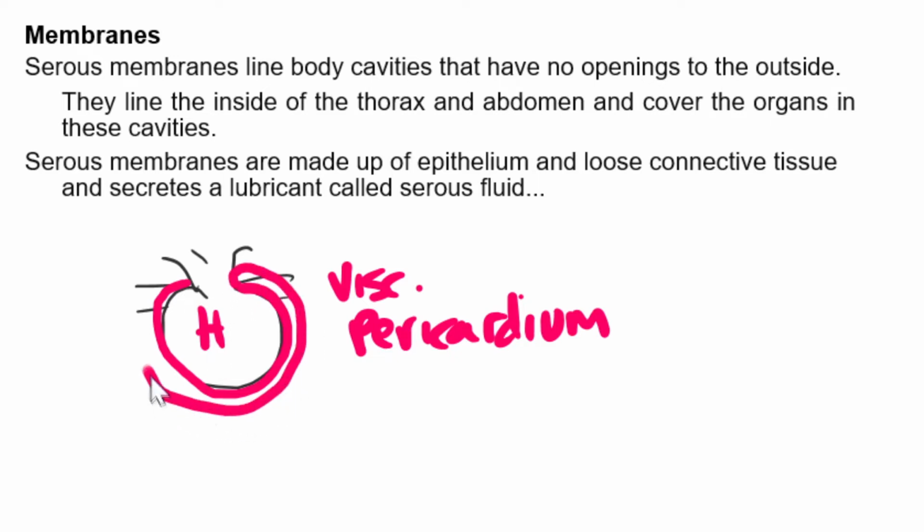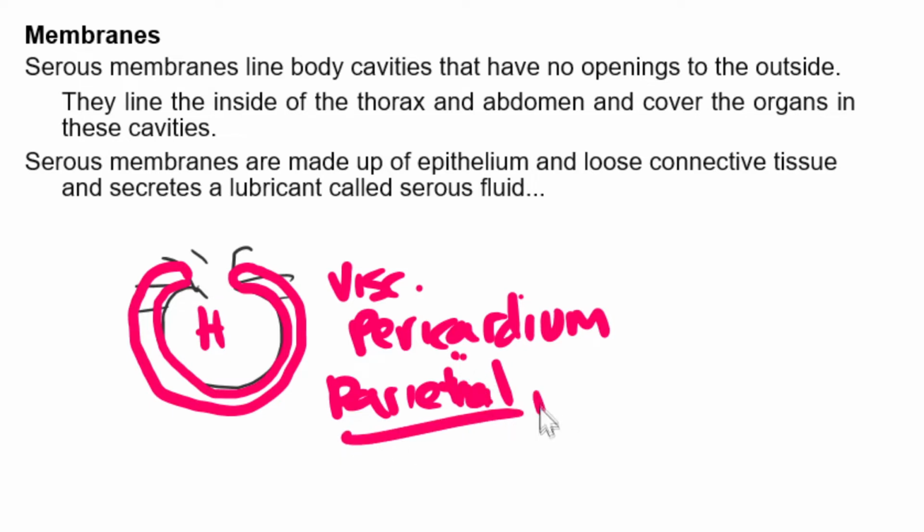And around the outside here, we have the parietal pericardium. Now the pericardium itself protects the heart. Inside here is called the pericardial space.